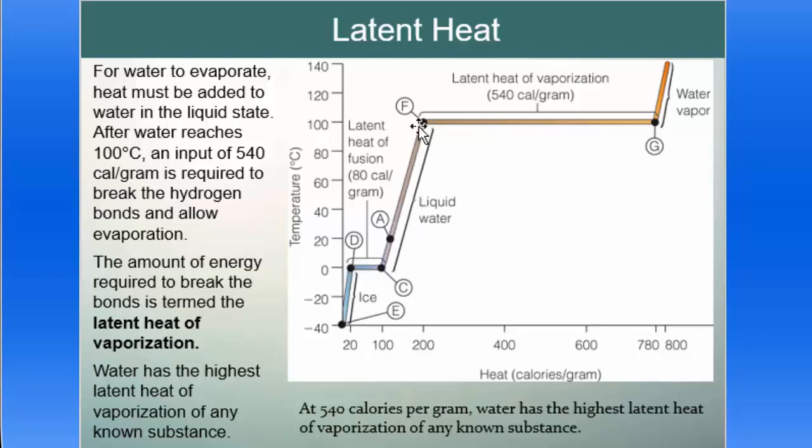Now you have a liquid up at 100 degrees Celsius, and to get that liquid to turn to a gas, again, you have to put a tremendous amount of heat energy into that liquid to break the bonds. The water molecules are literally bound together, but with a tremendous amount of heat input, those water molecules will break apart and become water vapor.